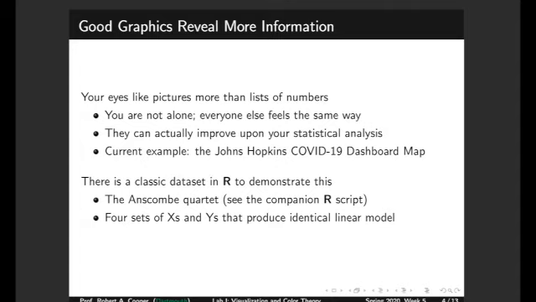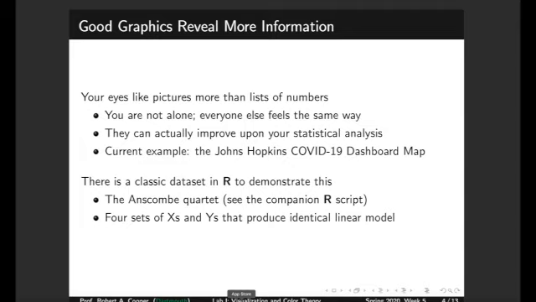Or you might have even seen a map like the Johns Hopkins COVID-19 dashboard map. These things are dominating the headlines right now because they're really important for us to be able to understand what's going on. Because God forbid you try to actually read the table of data, your head would spin and you wouldn't be able to make heads or tails of it. You wouldn't be able to understand it anyway. So these are increasingly important skill sets for you right now, is all I'm saying there.